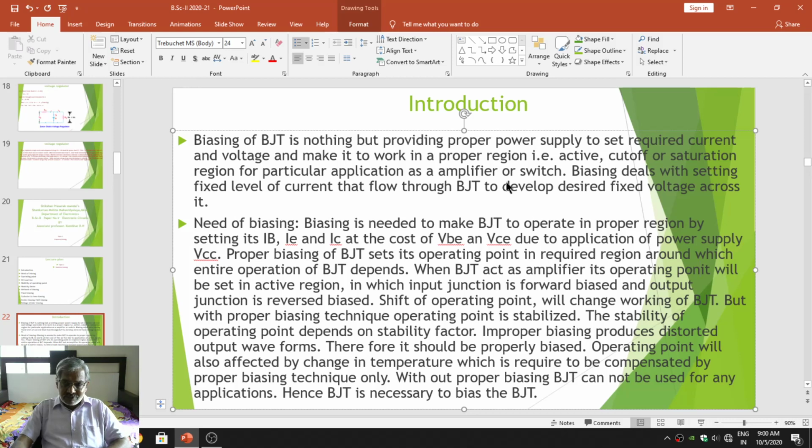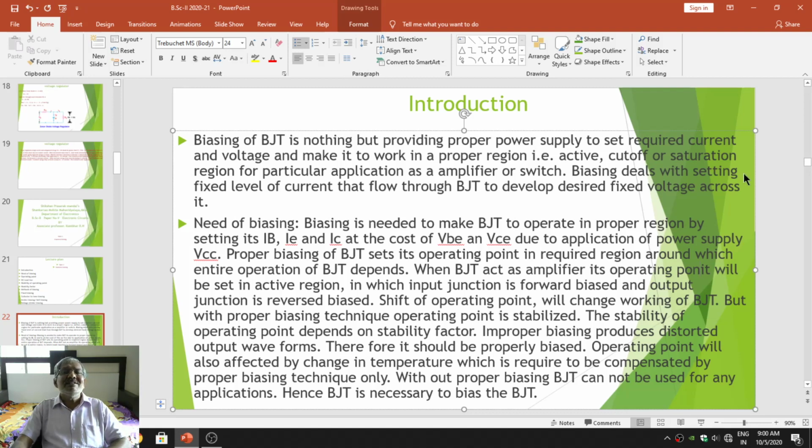Thus, simply we can say, by providing the power supply properly with proper magnitude, which will set a required amount of current and voltage to work the BJT either in the active region or in the cutoff or saturation region, to be used as either an amplifier or as a switch.